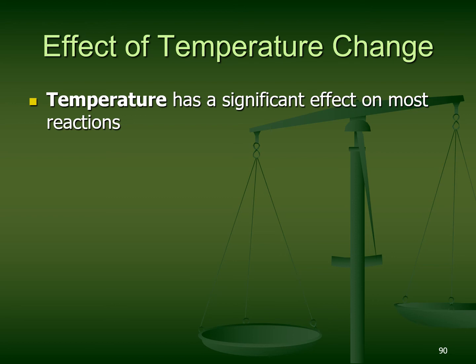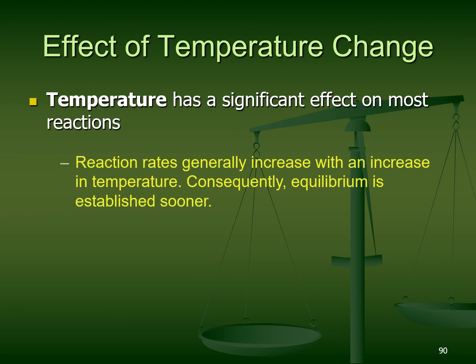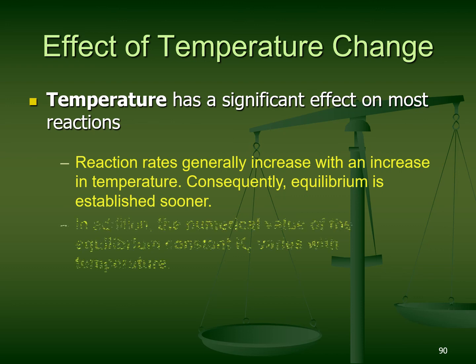All right, what happens when temperature is changed for something at equilibrium? Reaction rates generally increase with an increase in temperature, so equilibrium is established sooner, but this doesn't really tell us what happens to the status of the equilibrium.